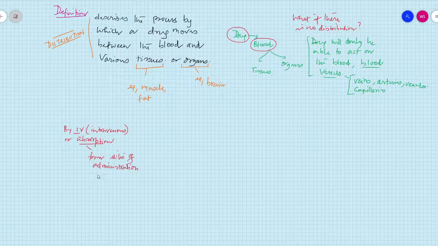It can be oral, maybe subcutaneous, or any other route, like nasal and so on. And what is the criteria? The drug should have high bioavailability.